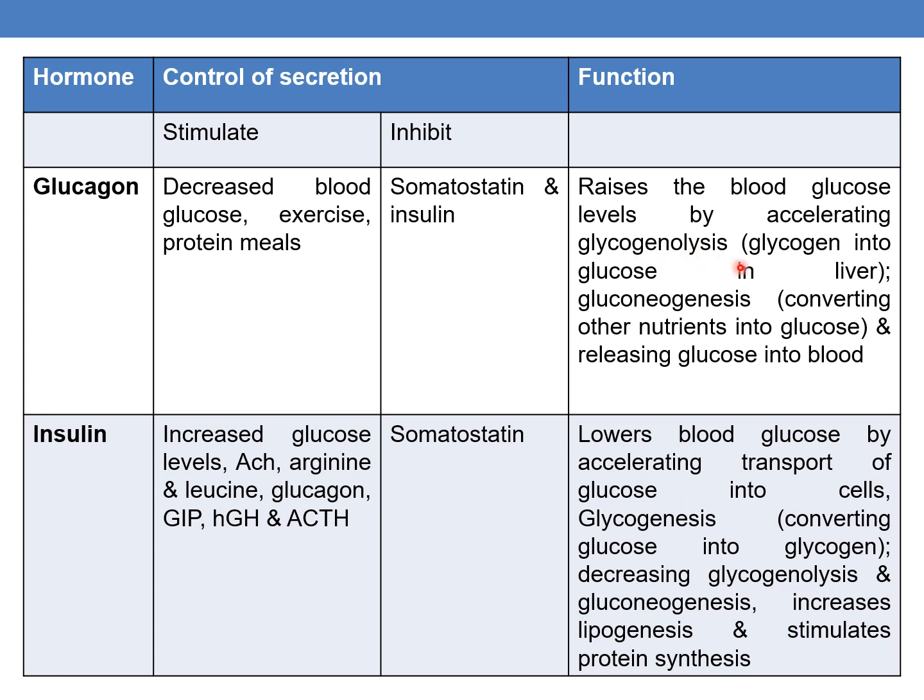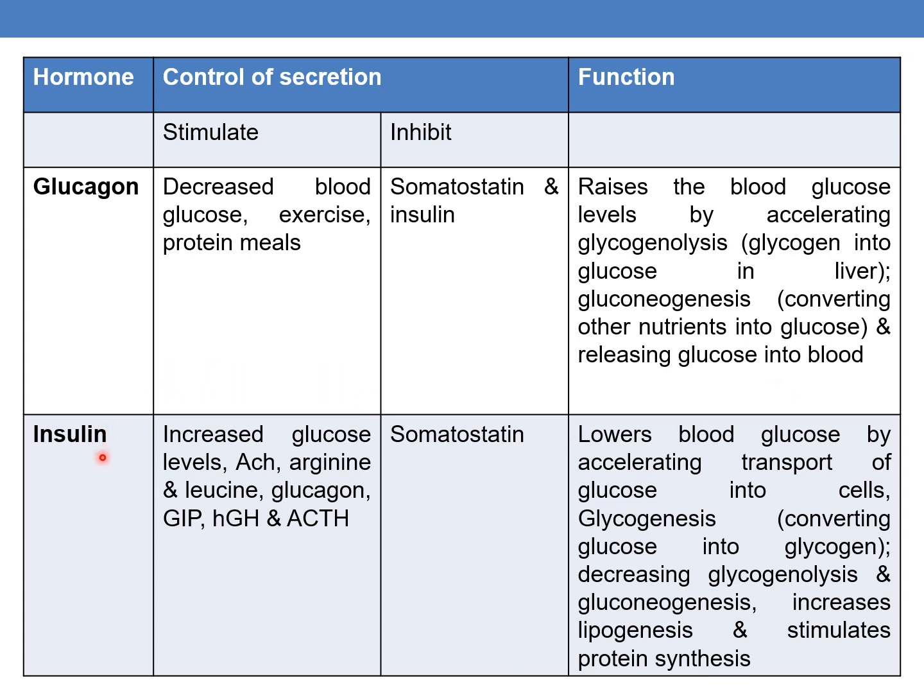Glycogenolysis is nothing but conversion of glycogen into glucose in the liver. And gluconeogenesis is nothing but converting other nutrients into glucose and release of glucose in the blood. The function is to raise the blood glucose levels and release of glucose into blood.